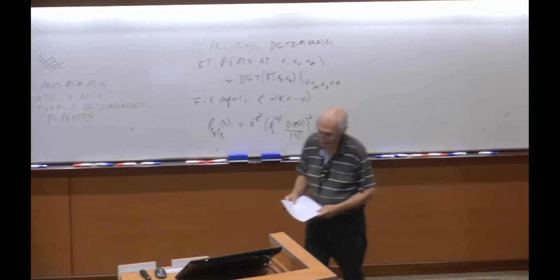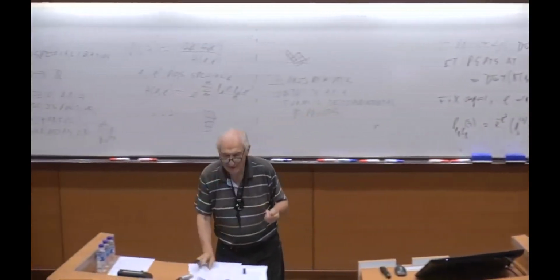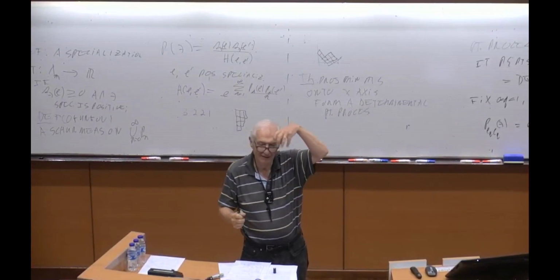So this is the Poissonized, that is, pick n from a Poisson distribution and then pick a partition of n from the Plancherel measure.